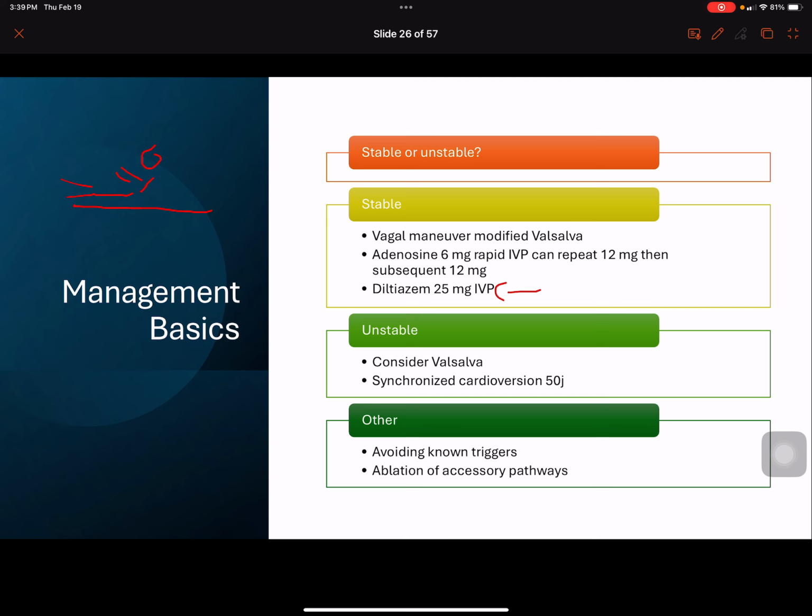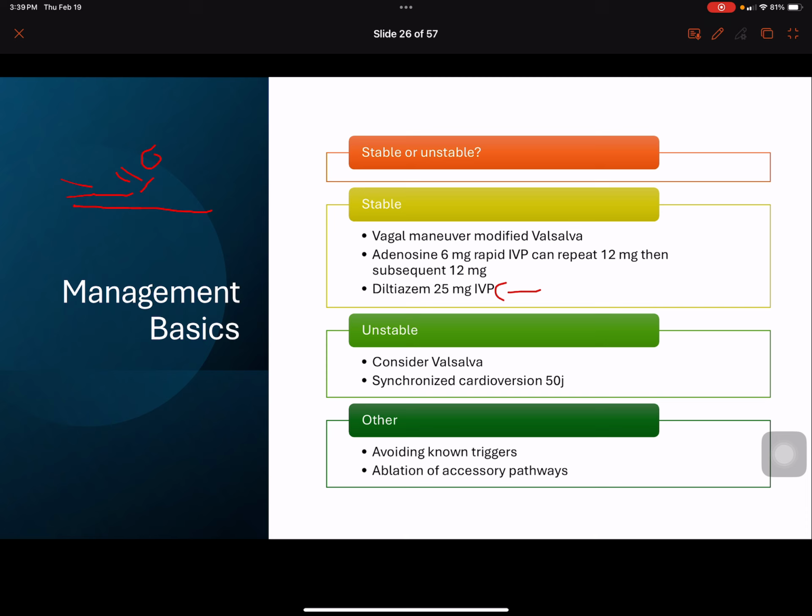Our dosing for adenosine for the adult patient is 6 milligrams for the initial rapid IV push, and you need to give that in a proximal IV, like an 18 gauge in the AC, for example. We want to follow that up with a flush. One thing I've learned is mixing your flush and your dose in the same syringe, like a 10 cc or 20 cc syringe with saline and your 6 milligram dose, and rapidly pushing the whole syringe.